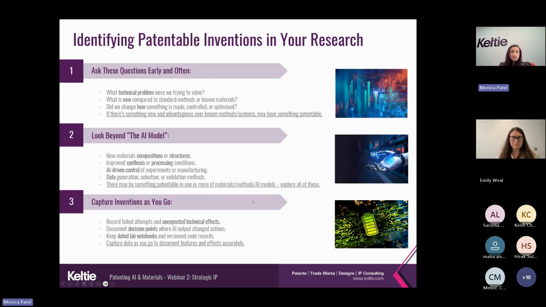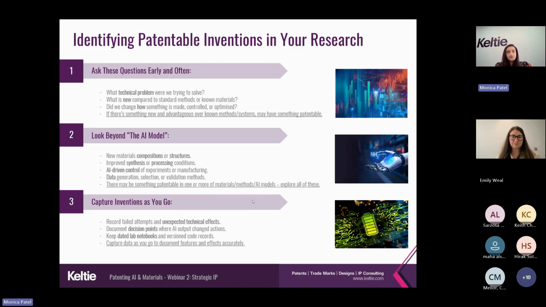But the third point here is capture inventions as you go. So record failed attempts as well as successful attempts and unexpected technical effects. Document decision points where AI output changed actions, and keep dated lab notebooks and version code records.